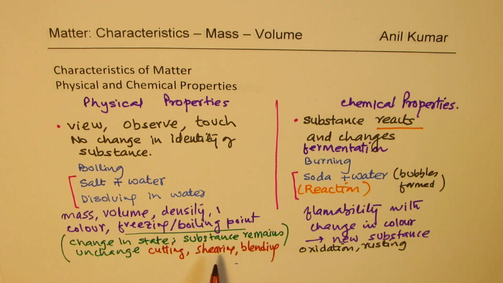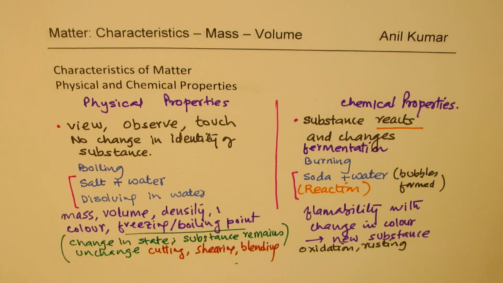Those particles just get mixed together, they remain and they have their own characteristics. They don't change. So that is a physical change. Cutting, shearing, tearing, breaking, these are all physical properties.